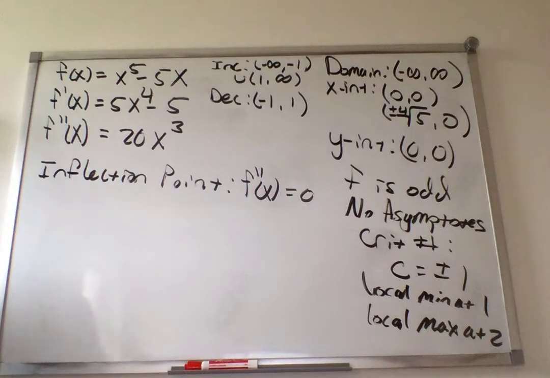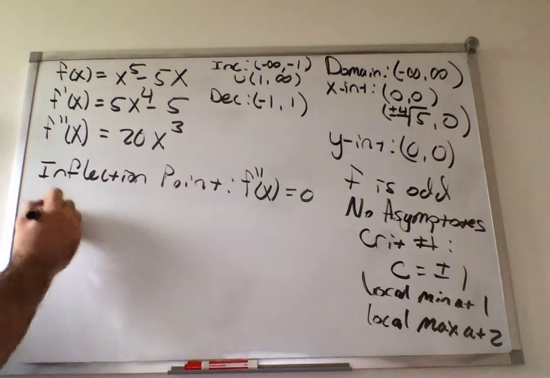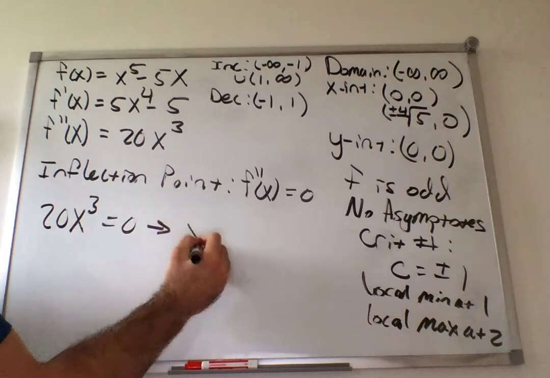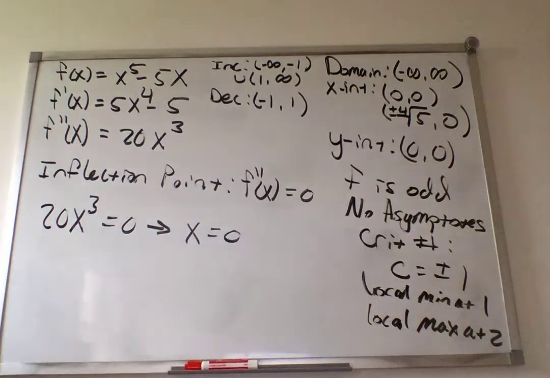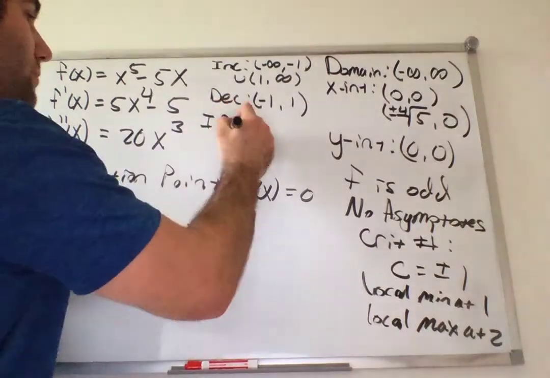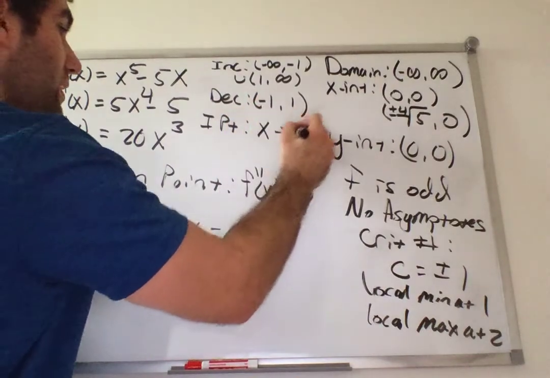That's all you do. So 20x cubed equals 0. Well, that just means we're at 0. The only solution is 0. So the inflection point is x equals 0.